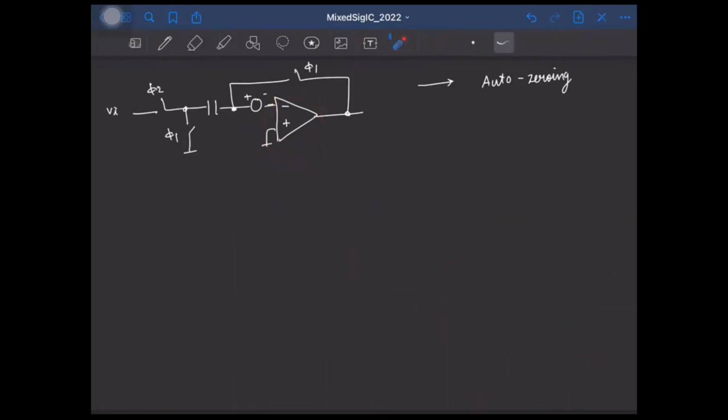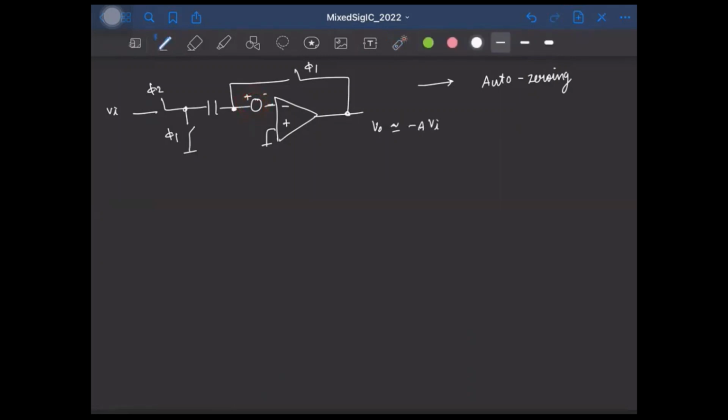It's called auto zeroing because in the earlier times, people used to tune the bias current here to make the offset 0, but now zeroing the offset is done automatically. And ideally, what will be the output here? If I call it VA0, that's going to be roughly minus A times VA, assuming that the offset here is suppressed a lot.